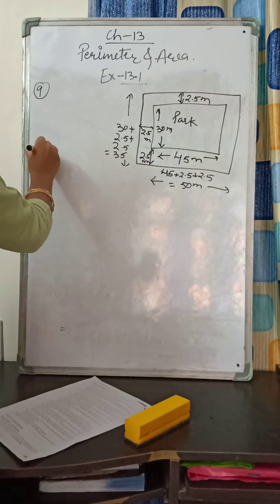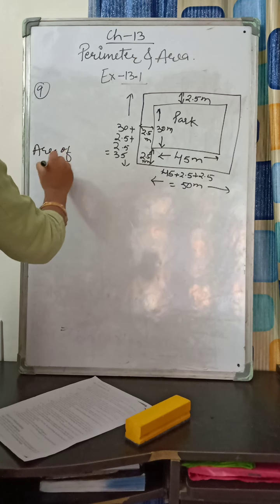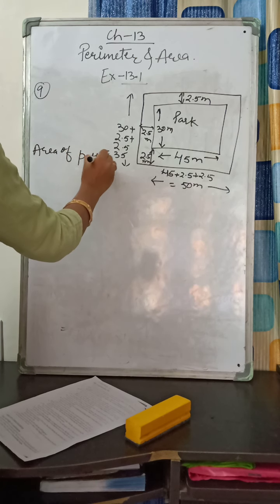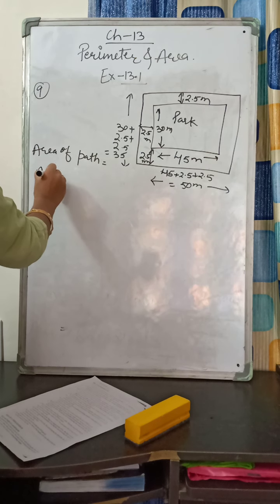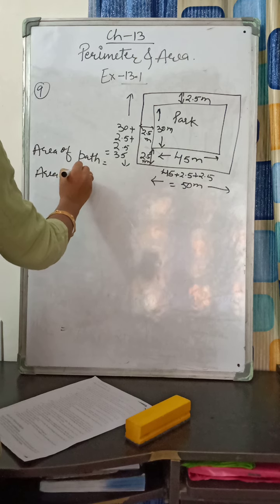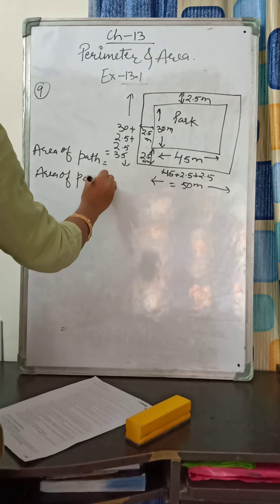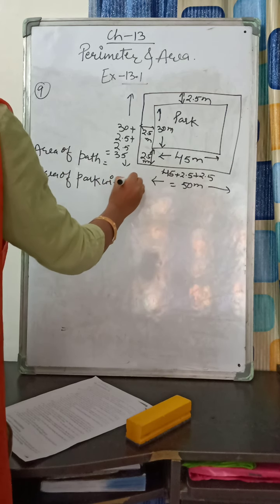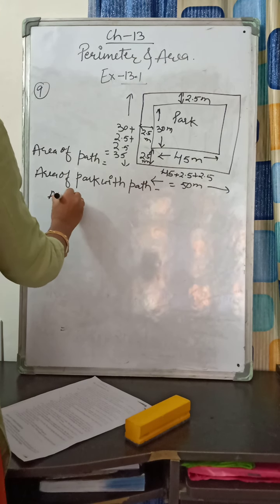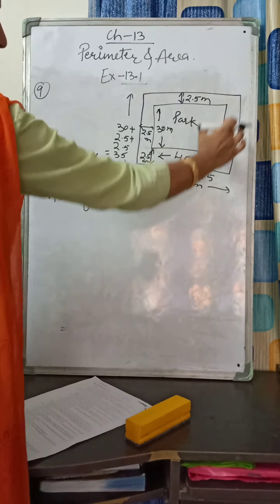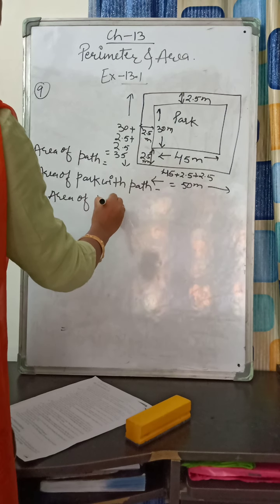So the area of this path can be found by taking the area of the whole, the park with path, minus the area of the inside park.